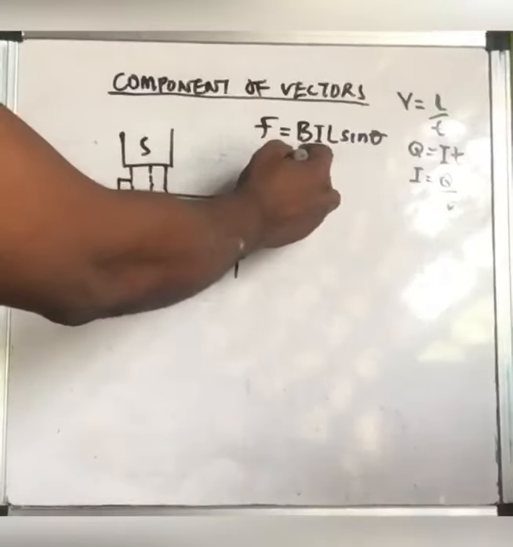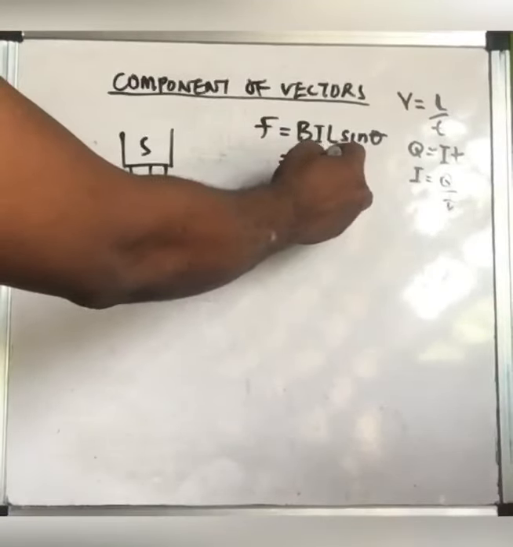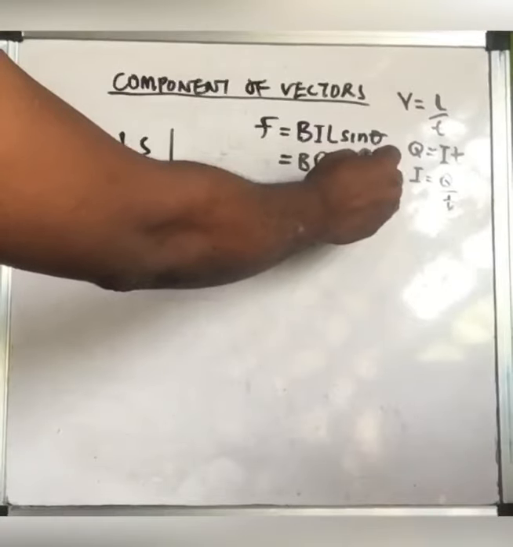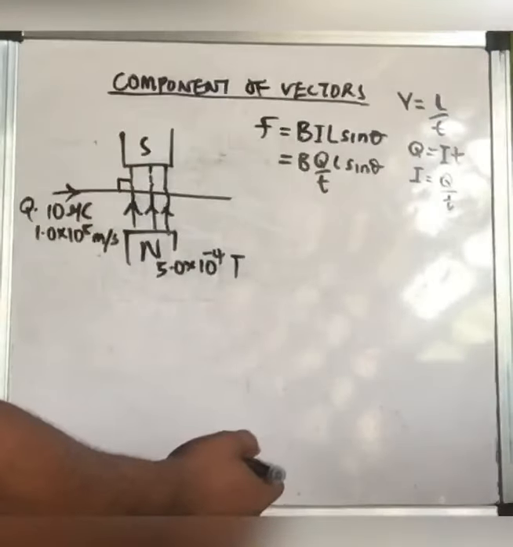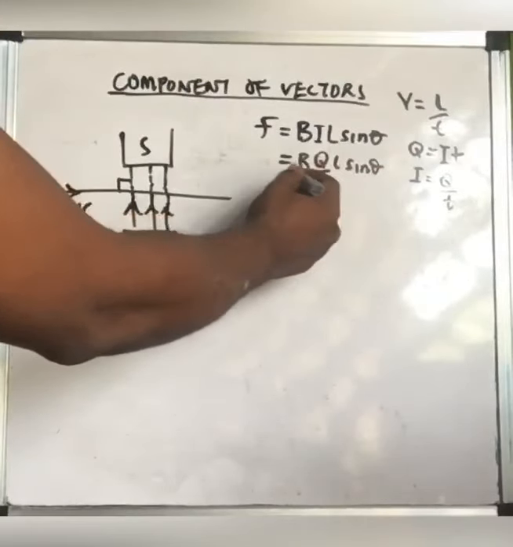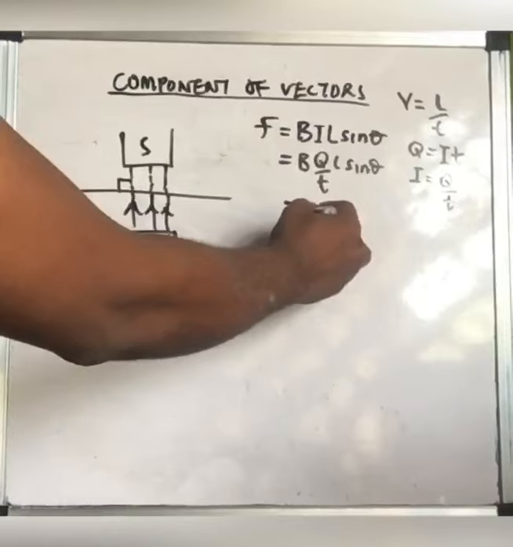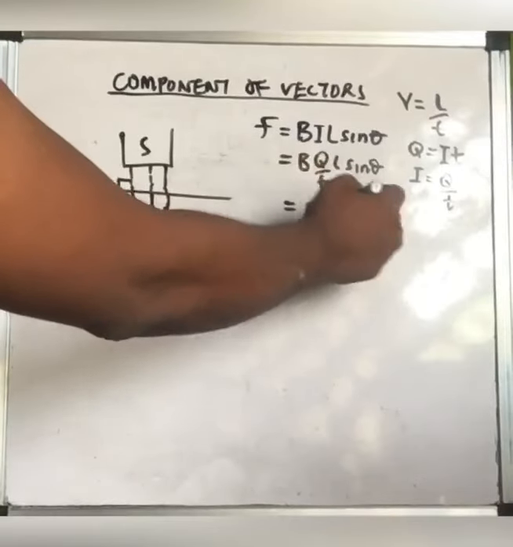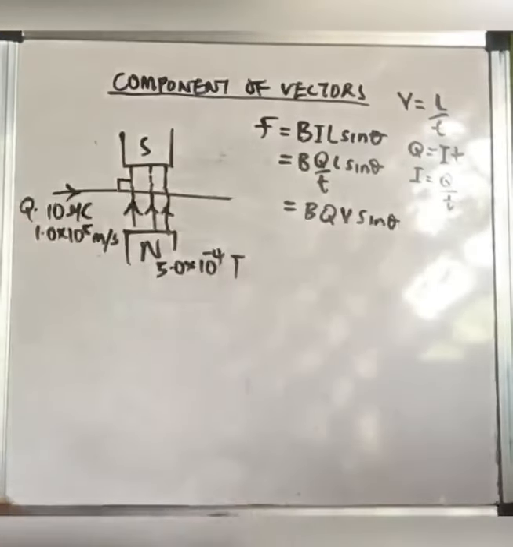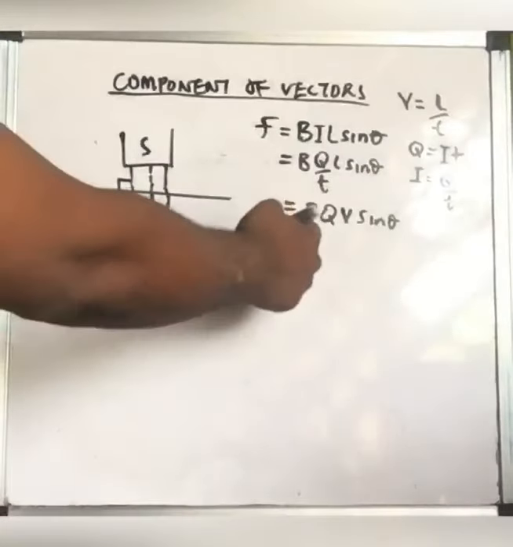If we replace that here, we'll have Q over T, we have L sine theta. Then we know that L over T is the velocity. So we have L over T, which is the V, sine theta. So I think we have everything we need now.